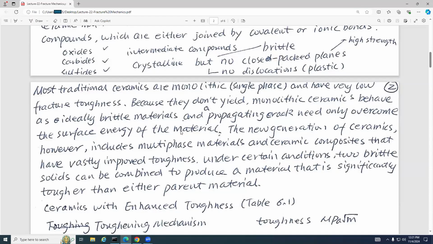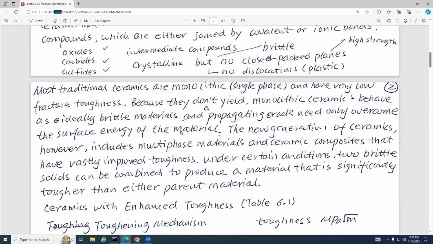Any crack has two surfaces. If you want to produce new surfaces, you must consume energy. We call that surface energy. Also, if the material is ductile, you also need to overcome the plastic deformation. Because ceramics do not have plastic deformation, you only need to overcome the surface energy of the material, and then you can have cracks. That's the reason they are much easier to fracture.